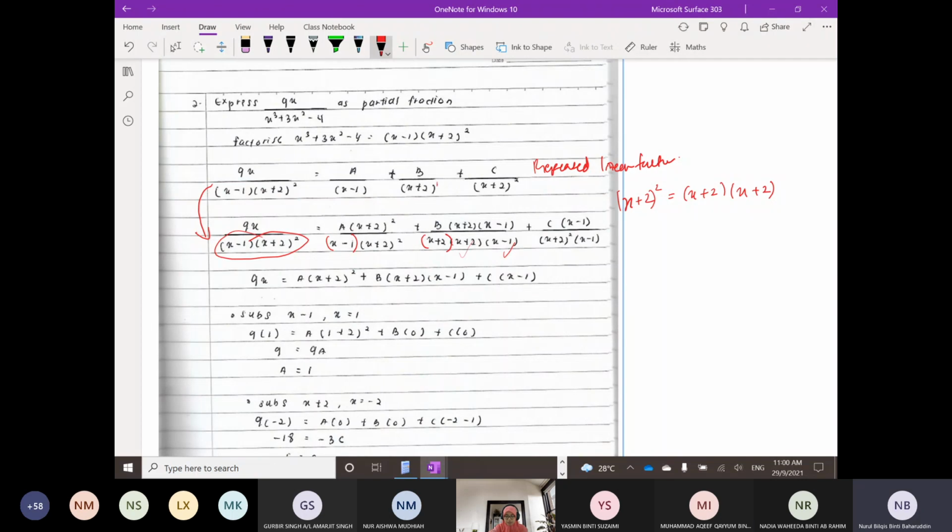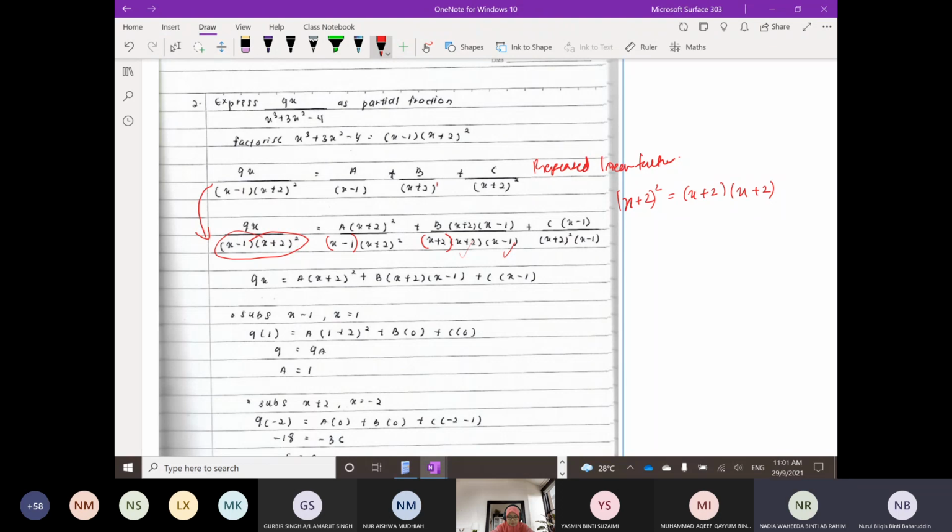Nadia, are you okay? So the numerator also we need to times with x plus 2 and x minus 1. And then for C, what is the missing factor?